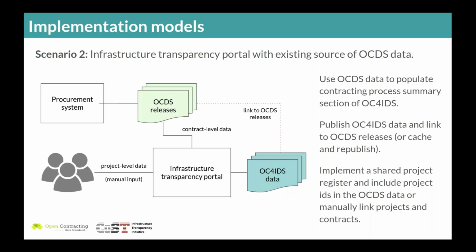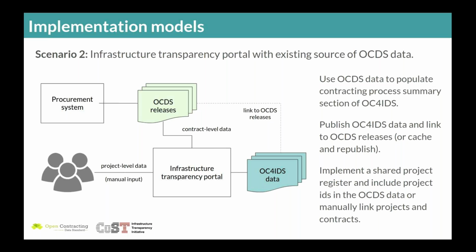And then the second implementation model is being used by CoST Ukraine at the moment. So data on projects is manually entered into an infrastructure transparency portal, whilst they've got contracting data in OCDS format from a procurement portal, so they can automatically pull that over.